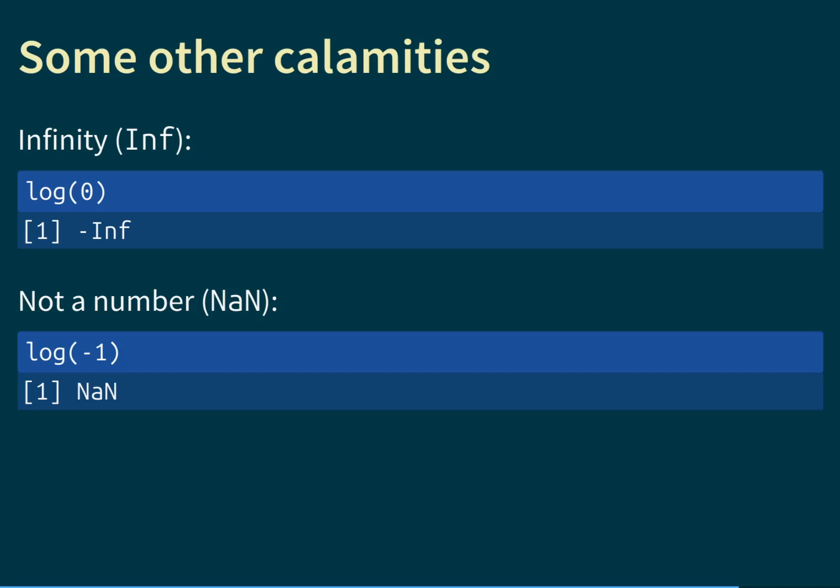Another thing that can happen is that we get a result that is denoted NaN with capital N's and a lowercase a, and that is short for not a number. So an NaN means not a number. When can this happen? Well, for example, you know that square roots and logarithms are only defined for positive numbers, at least if we want the results to be real.